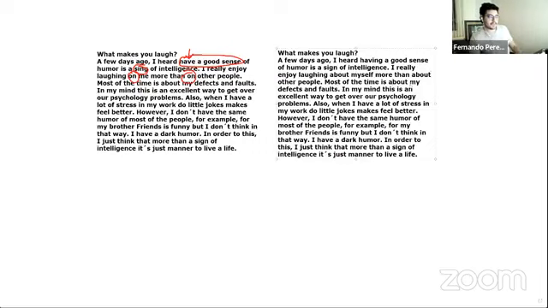Most of the time it's about my defects and faults. The word defect is not used this way. Defect: a fault in something or in the way it has been made. Defect is for physical creations or products.